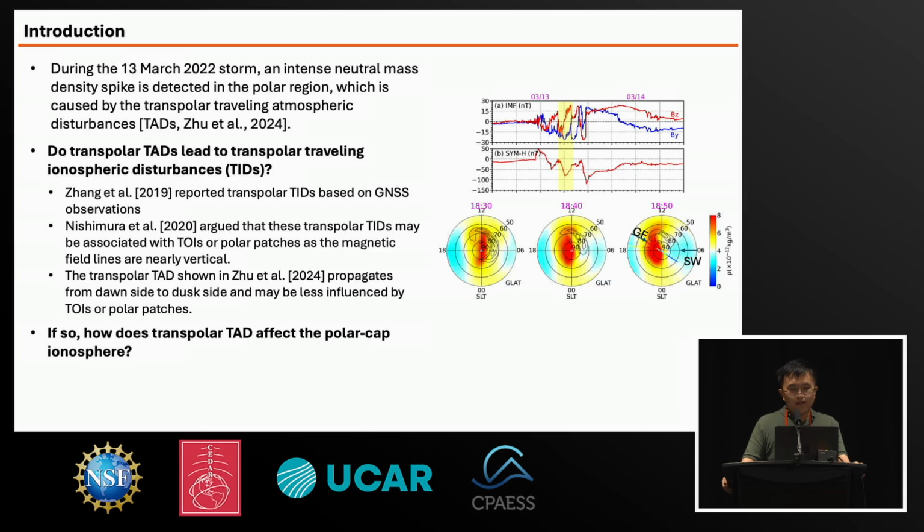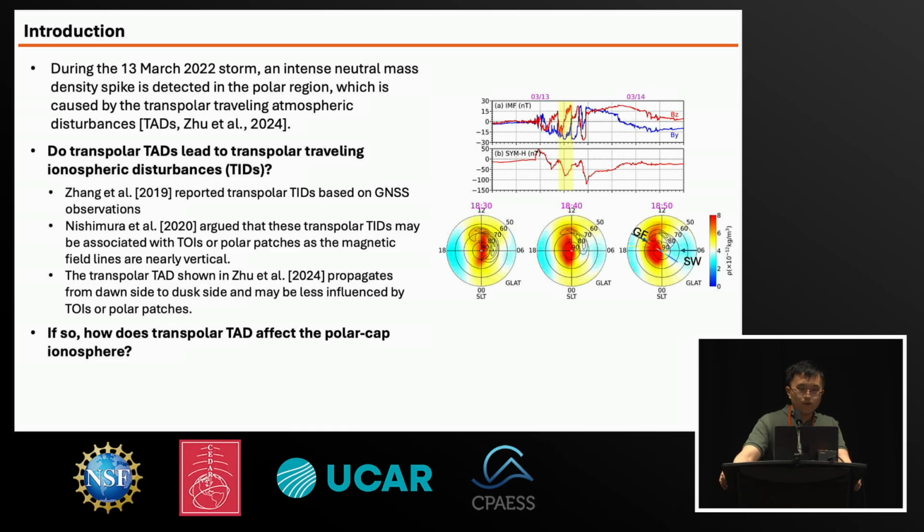As you can see on the figures here, the transpolar TADs shown here propagate from the dayside to the dark side, which is quite different from the traditional propagation of the TOIs or the polar cap patches. So it may provide some insight into whether these transpolar TADs can introduce transpolar TIDs.